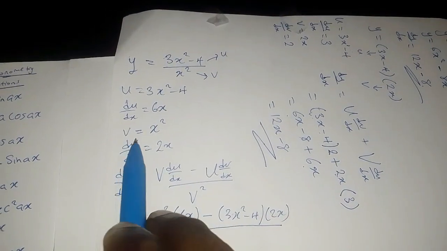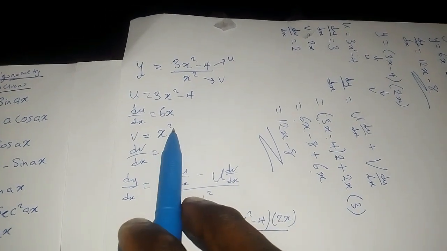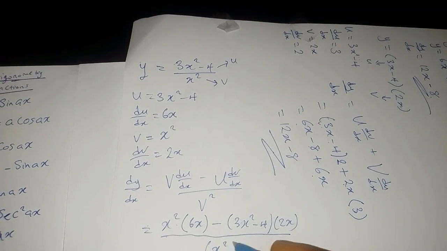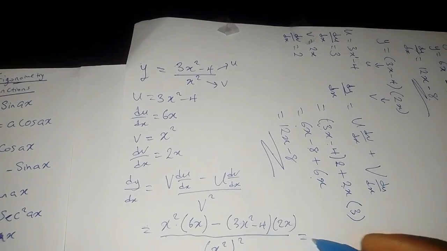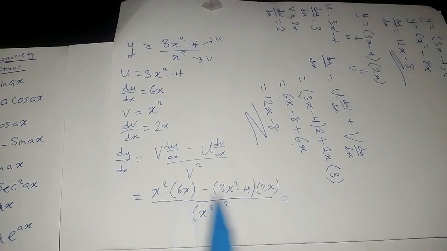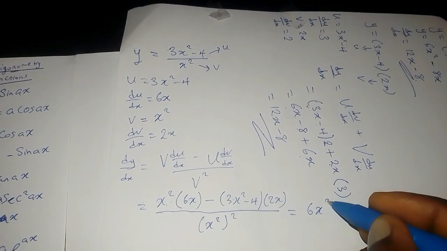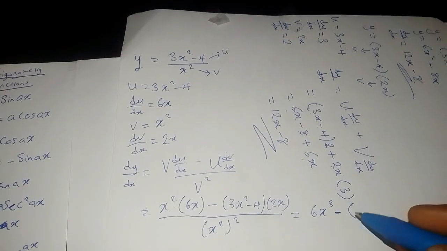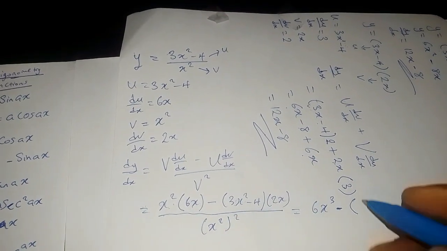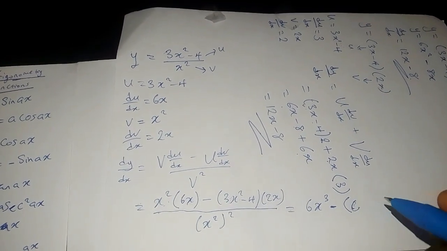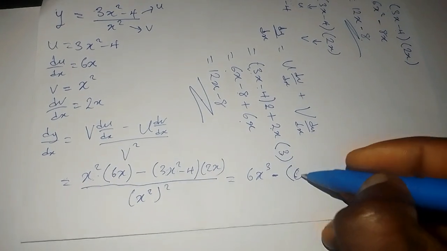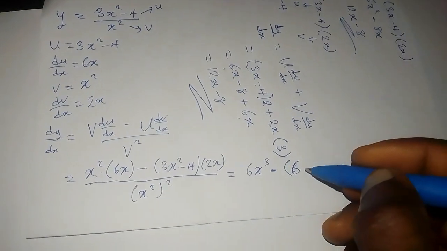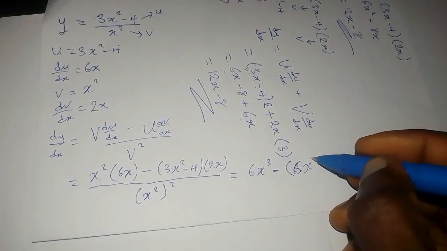My v in this place is x squared, that's x squared all raised to power 2, and for me I can say this times this will be 6x cubed. Let's open this bracket first, minus into bracket 2 times 3, that's 6x raised to power 3, like that.